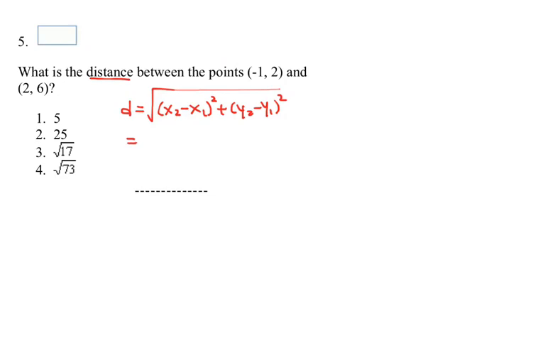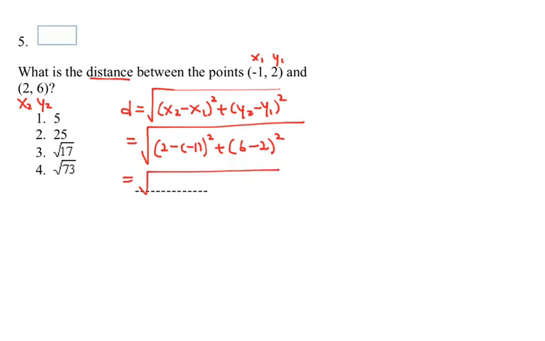Now, I can call -1 x sub 1, then y sub 1, and 2 becomes x sub 2, and then 6 becomes y sub 2. So first, we'll end up getting 2 minus -1 squared plus y sub 2, which is 6, minus 2 squared.